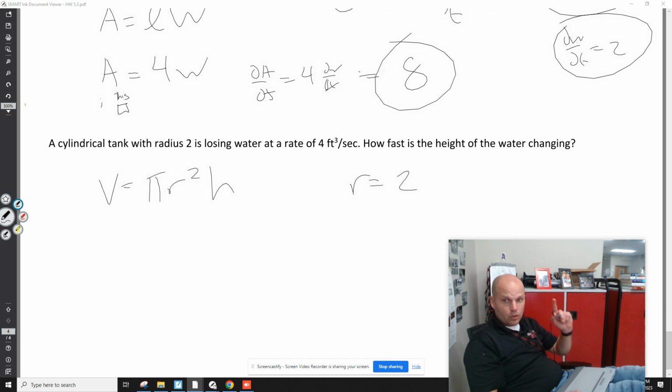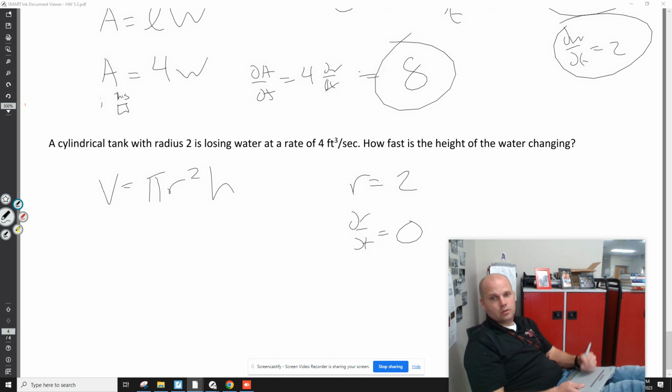So you could either take the derivative of this and understand that if R is 2, dR/dt is 0 because the radius of the water in the tank is not changing. It's just the height of the water is. Or the radius of the tank is always 2. The radius of the water is always 2. It's a fixed value. You can change this to 4 pi h.